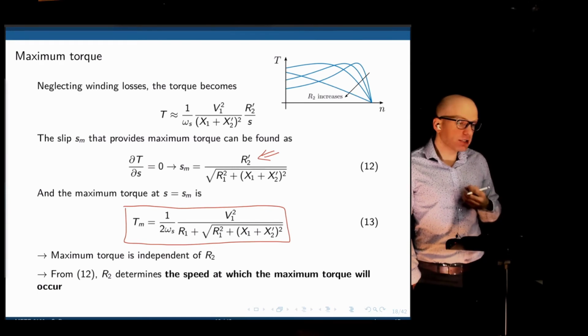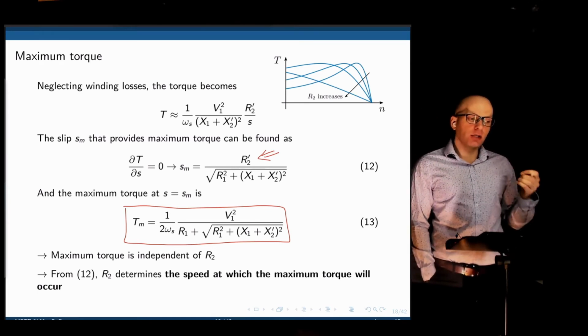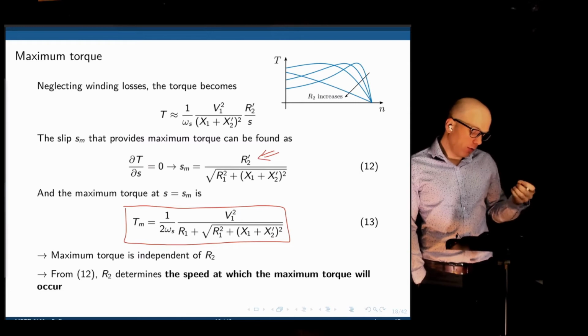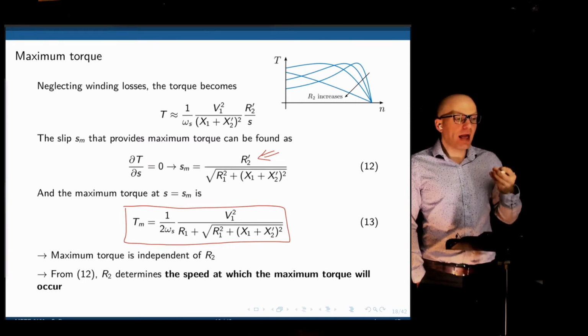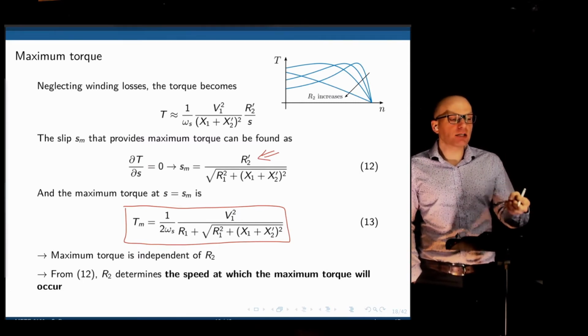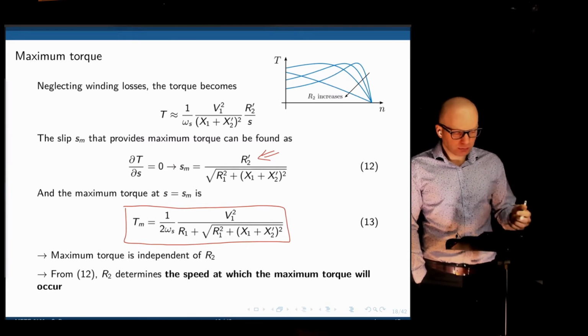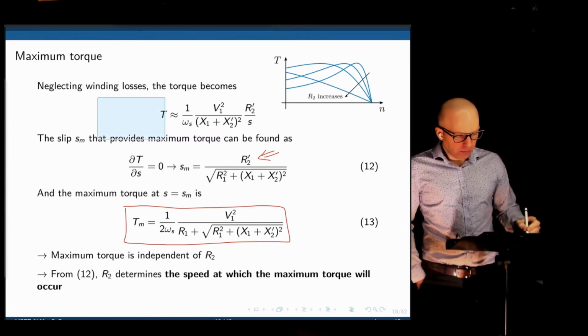So if you find a mechanism to change the resistance of the winding in the rotor, we just found a way to determine at which speed the maximum torque will occur. Right.